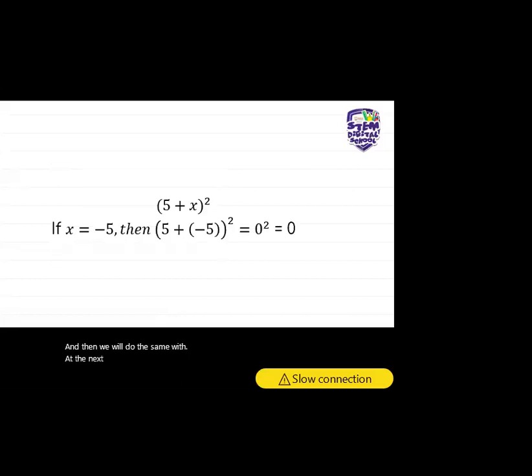And then we will do the same with the next one. You remember 5 plus x all squared? Once again, you can see that if you substitute -5 for x, you'll get 0 there. So 5 minus 5 is 0. So 0 squared is 0. So 0 is the answer there.